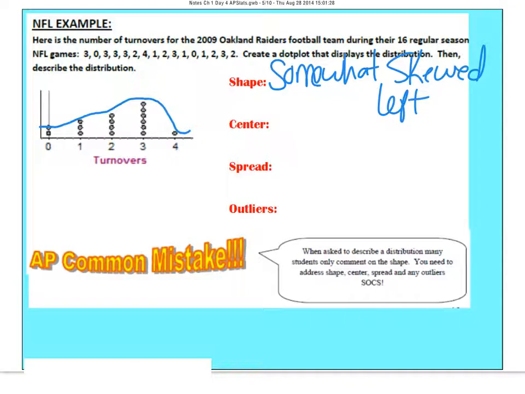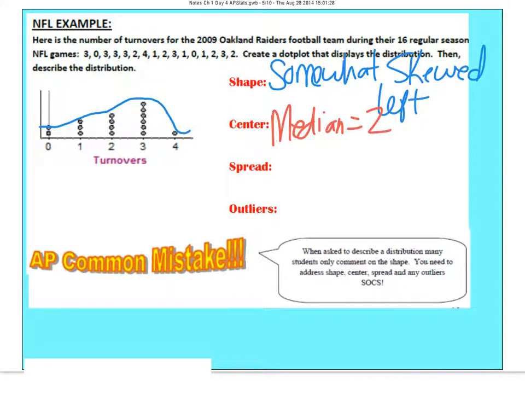If they asked us to find the mean, we could: we would just add all these up and divide by 16. For the median, there's 16 pieces of data, so we have to find the 8th and the 9th piece of data. They both fall under the 2. Therefore, we can just say that the median here is 2.